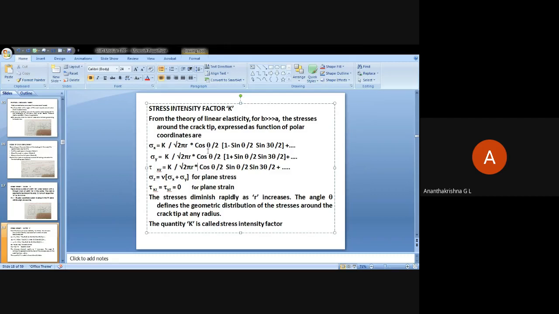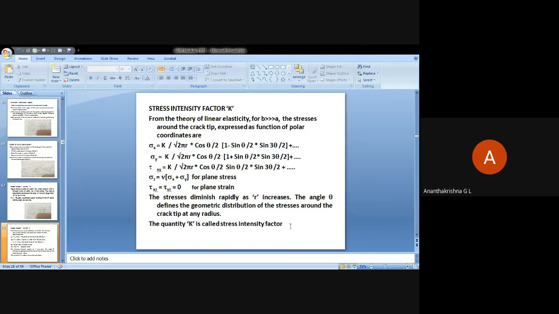Then cos theta by 2 of 1 minus sin theta by 2 into sin 3 theta by 2, and so on. Hope this will clear the confusion.